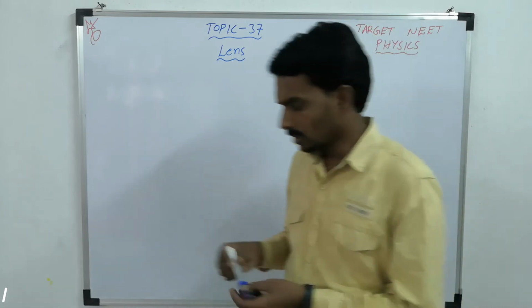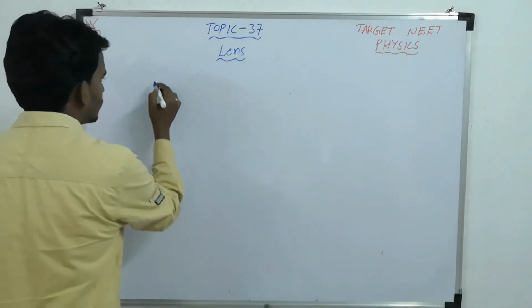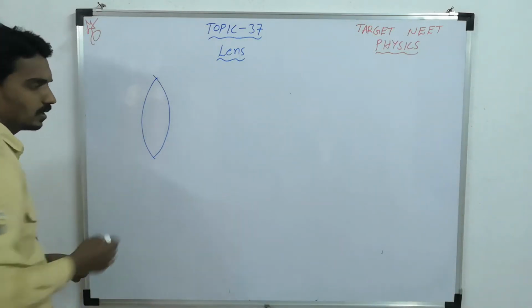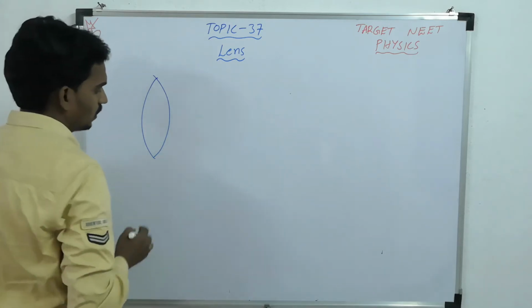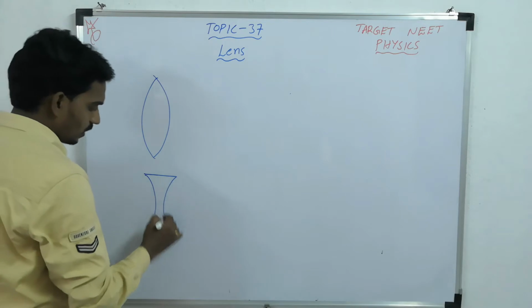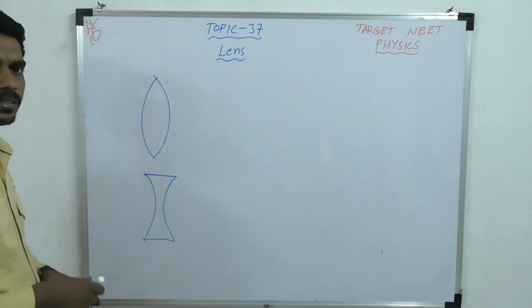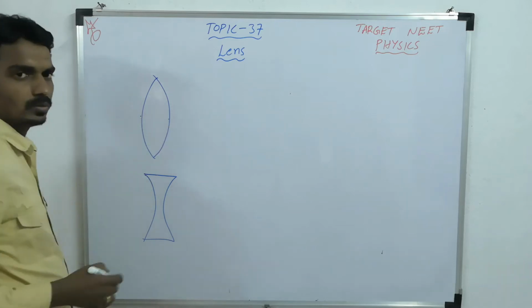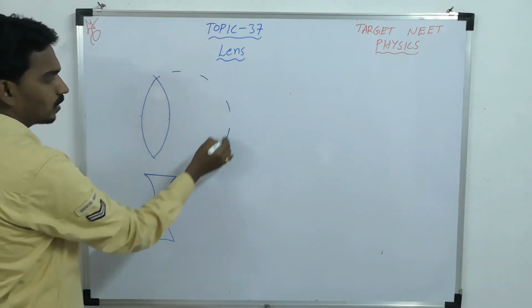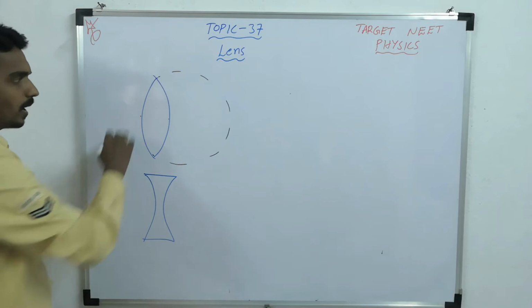The very first thing: if you consider any lens, whatever it may be, concave or convex, there are two curved surfaces, 1 and 2, and for each curved surface you can imagine a sphere.